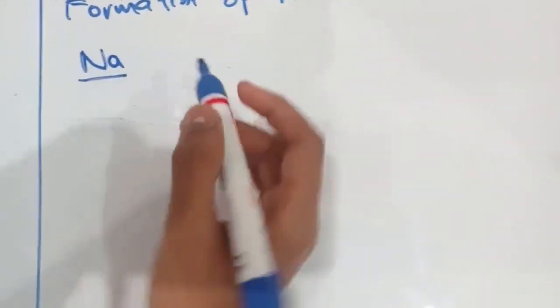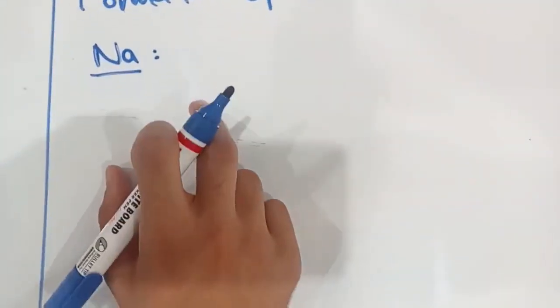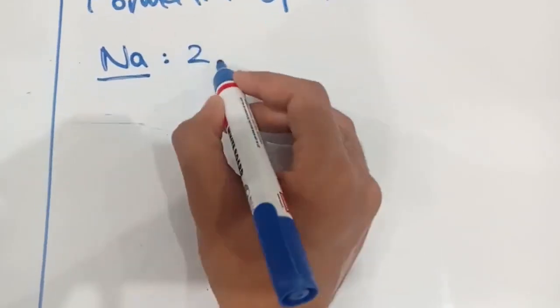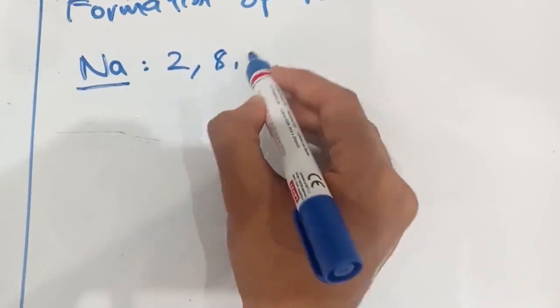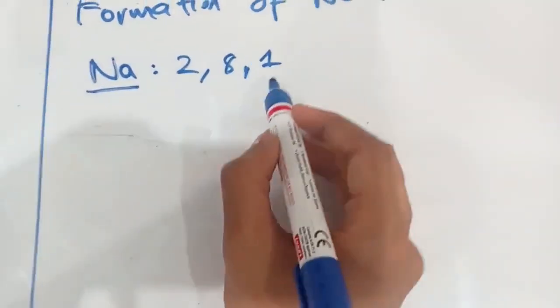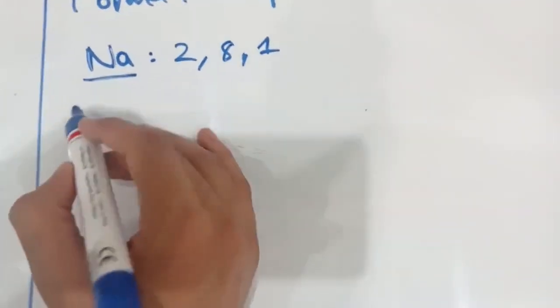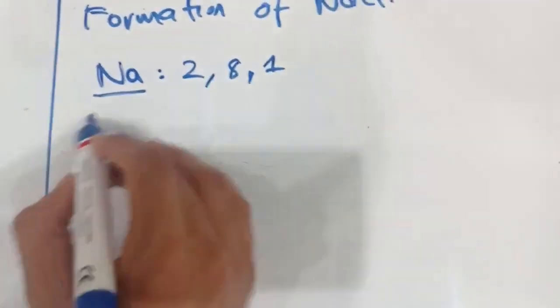Okay, so now let's look at the electron configuration of sodium. Sodium has 2 electrons in its first shell, followed by 8, followed by 1. Now sodium wants a full outer shell.